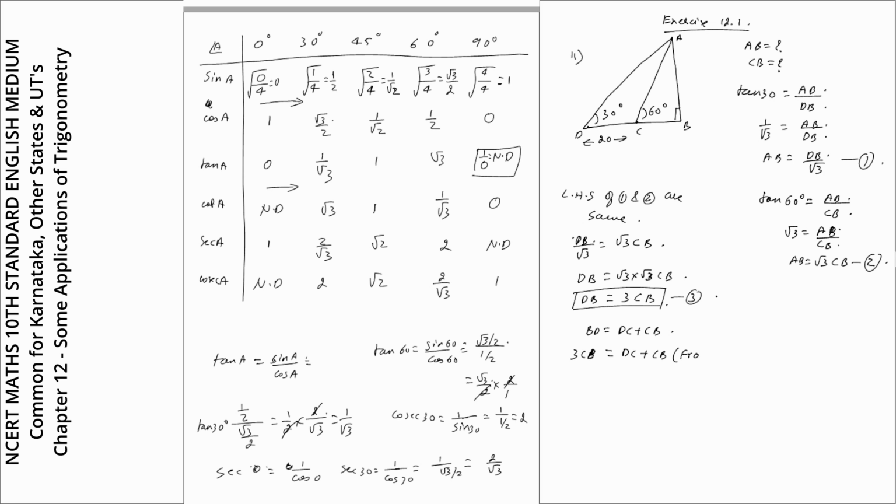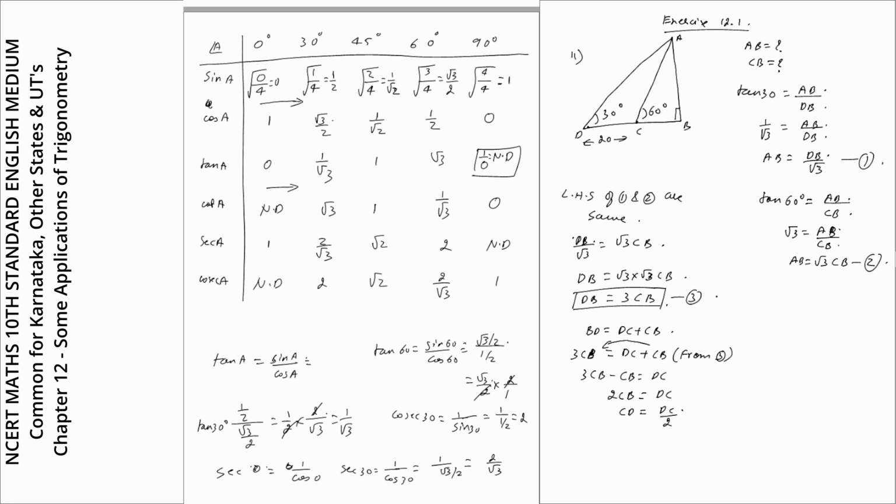Okay, from 3 I substituted DB. So now 3 CB, this CB on the right hand side I will bring to the left hand side. So 3 CB minus CB is equal to DC I will get. So 3 CB minus CB is 2 CB. 2 CB is equal to DC, or CB is equal to DC by 2 I will get.